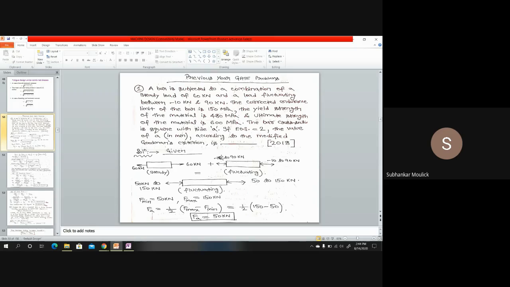Yield strength of the material is 480 megapascal and ultimate strength of the material is 600 megapascal. The bar cross section is square with side A. If the factor of safety is equal to 2, then the value of A in mm according to modified Goodman criteria is dash. It was asked in 2018.